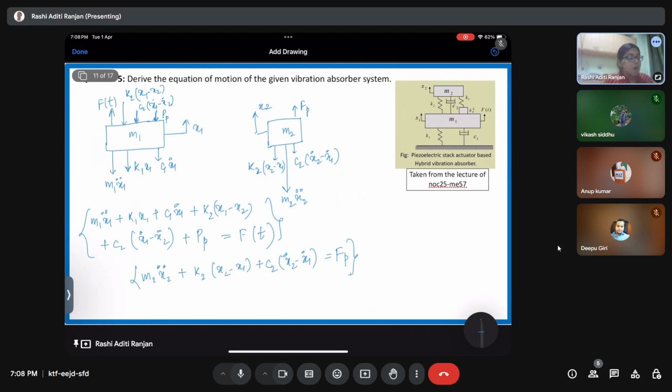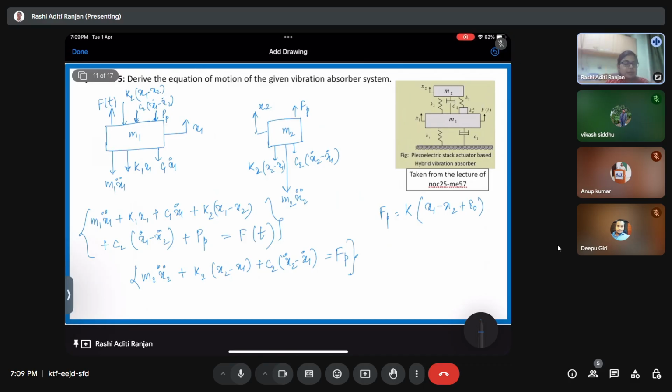Now coming on to how do we write Fp? If I consider that we are just taking the proportional controller, then it will be equal to k into (x1 minus x2 plus delta naught), where delta naught is the initial displacement of my piezoelectric stack. But what is going to be the value of k?